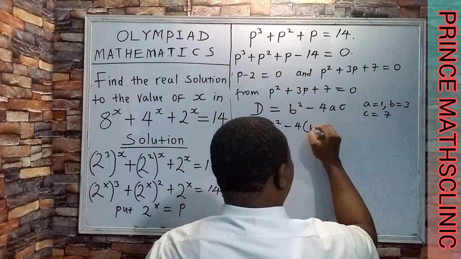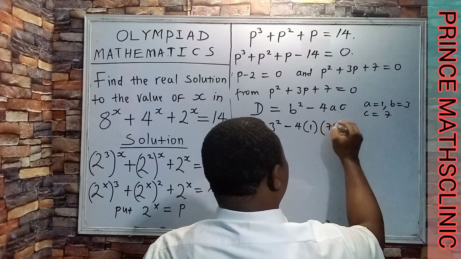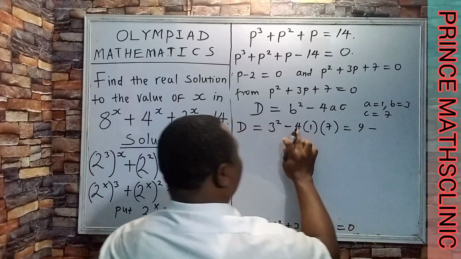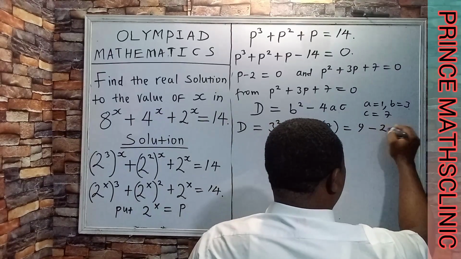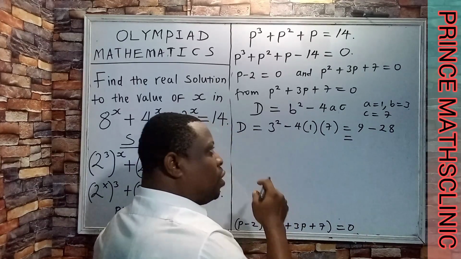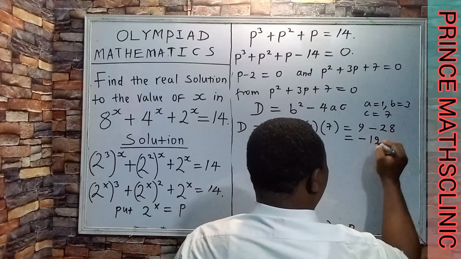A is 1, then c is 7. So it means this is 9 minus 4 times 7, which is 28. So if you do 9 minus 28, you will get negative 19.